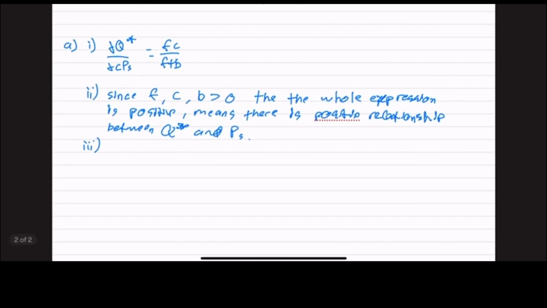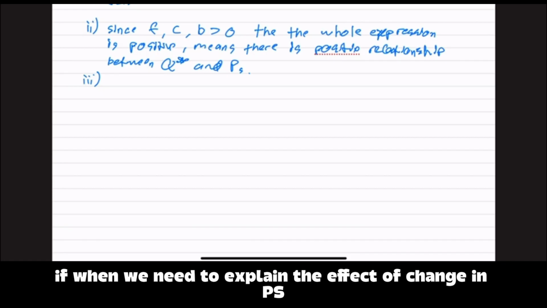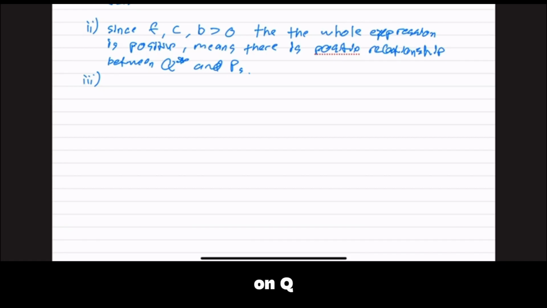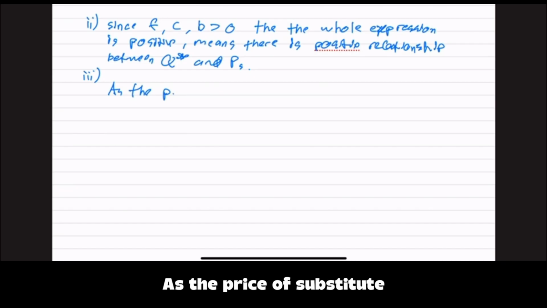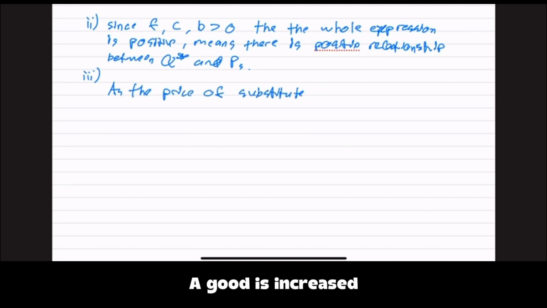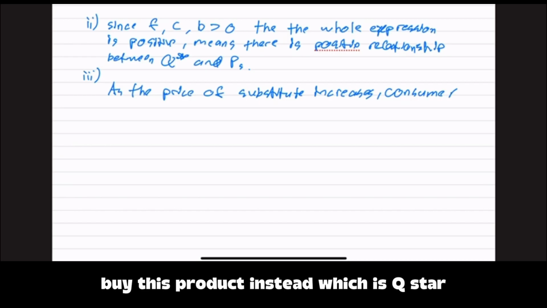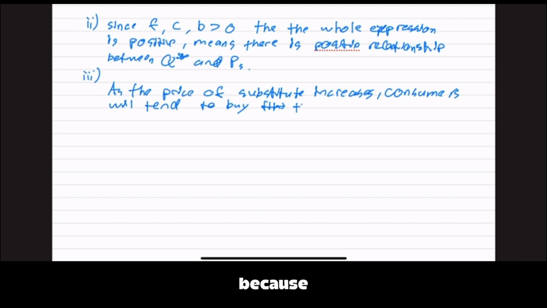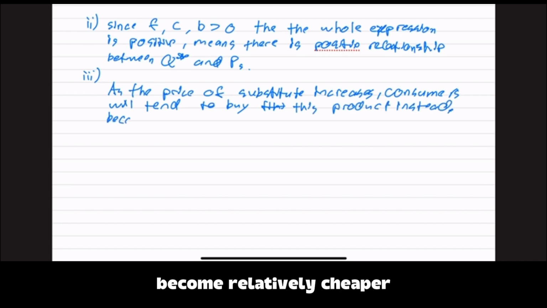For part 3, we need to explain the effect of a change in PS on Q star. As the price of a substitute good increases, consumers will tend to buy this product instead, which is Q star, because it will become relatively cheaper.